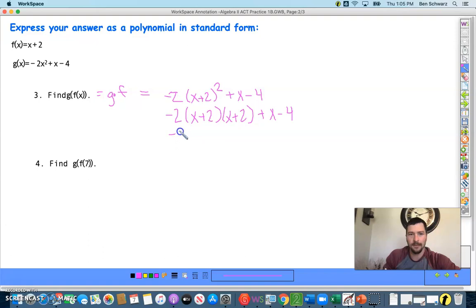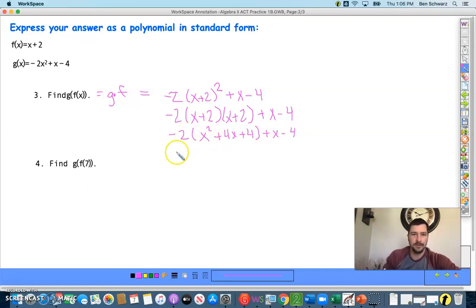So when we FOIL, keep that negative 2 outside. X times x for x squared. Inside is 2x, outside is 2x, so 4x. And then 2 times 2, so 4. And the parentheses plus x minus 4.